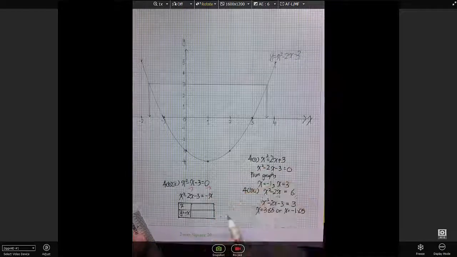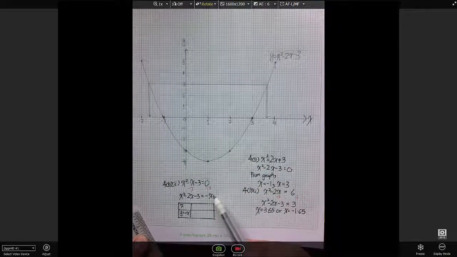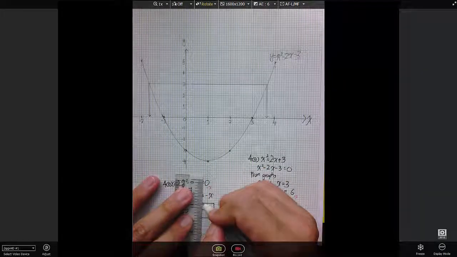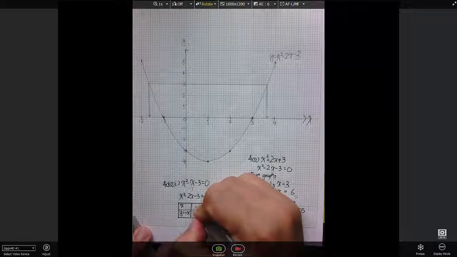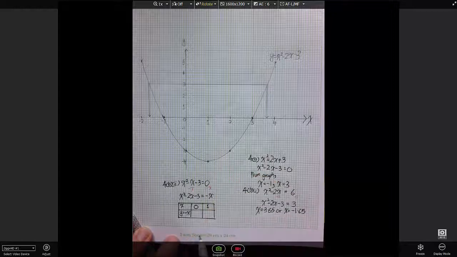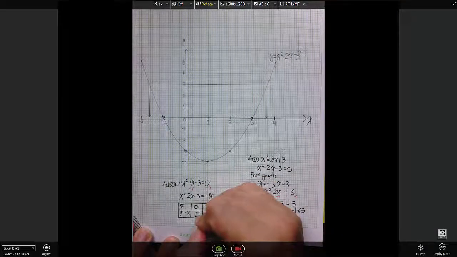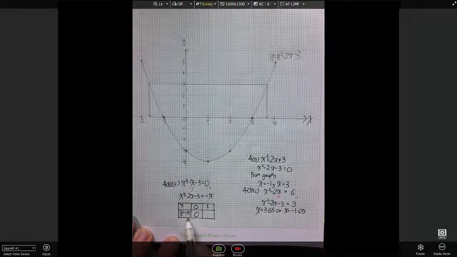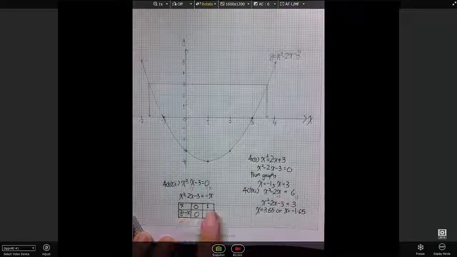So for a straight line, I know it's a straight line because x is to the power of 1. So I put in two values. x is 0, maybe x is 1. When x is 0, y is 0. When x is 1, y is equal to negative 1.